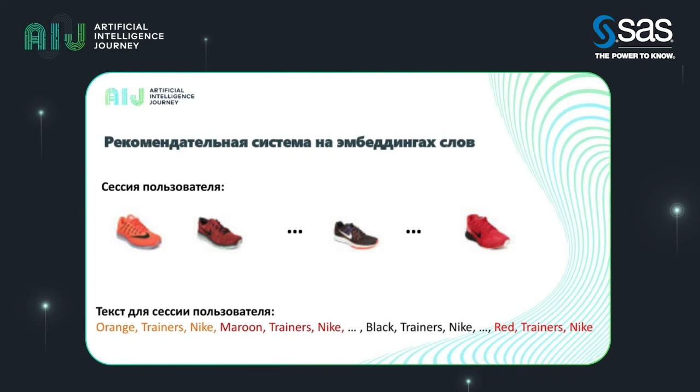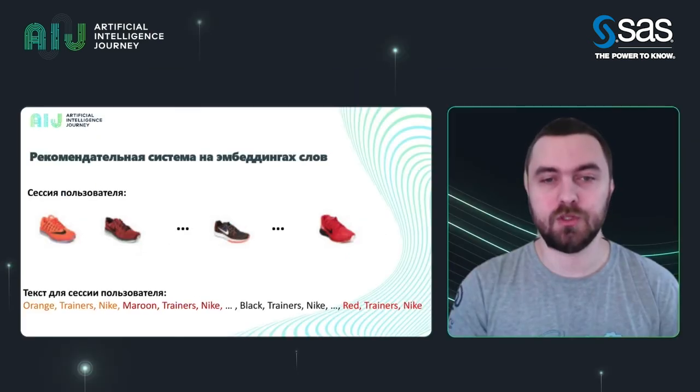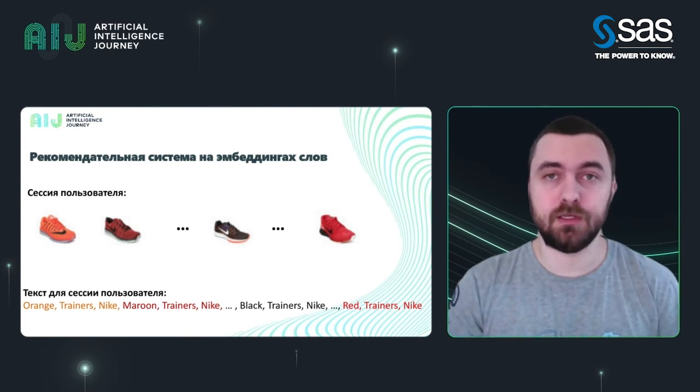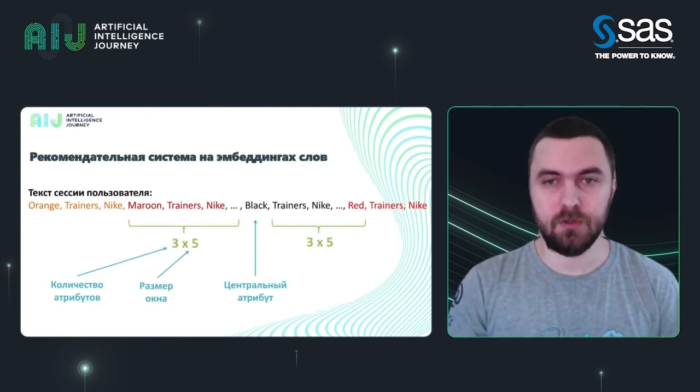Let's just write out the parameters of the goods they checked. If a person viewed orange sneakers, then red sneakers, we'll write that down. Orange trainers, Nike. Maroon trainers, Nike, etc. We'll analyze this artificial text with one of the embeddings models.